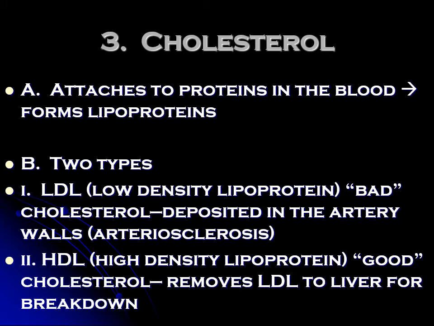It would be great just to go to the store and buy a bottle of HDLs and down that in one of your meals, and then you'll be healthy. But it just doesn't work that way. You have to naturally increase your HDLs. You can also do it with certain drugs that can increase the HDLs and also decrease the LDLs. But you can naturally increase your HDLs by eating a balanced diet and exercise.